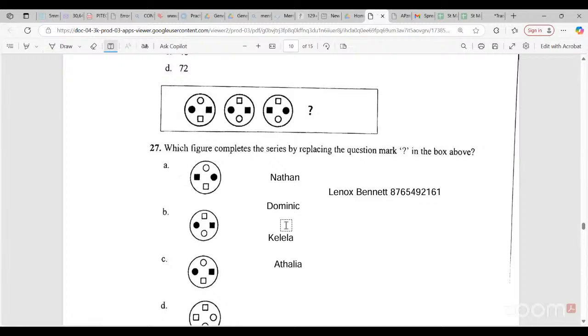The box and the hole replace the sides of each other, and the box is up and the circle is down. So basically, the answer would have been A, sir.